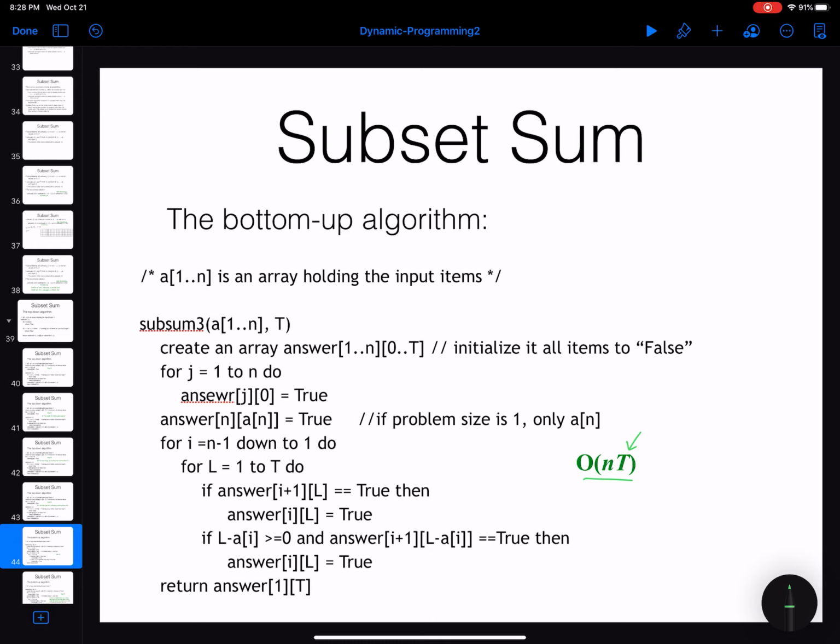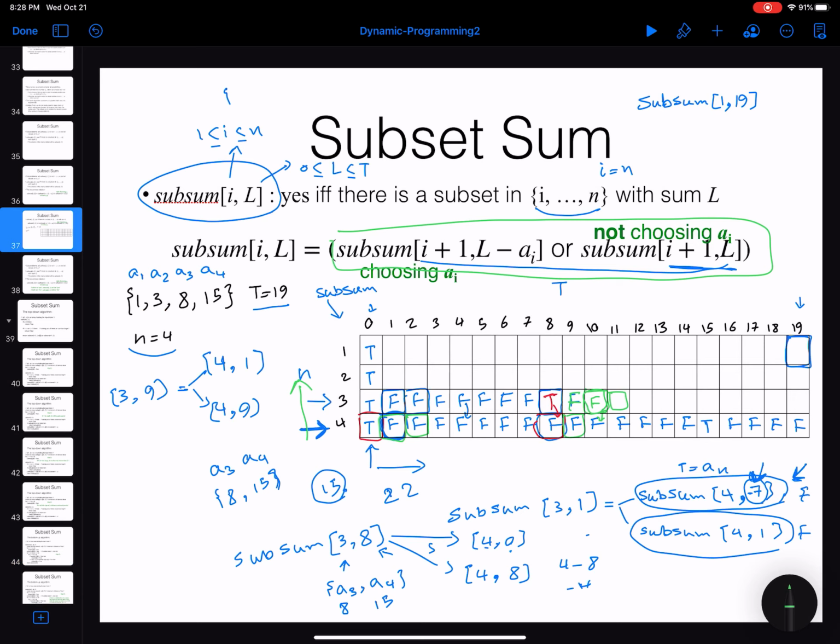Not only do you have n items, a sequence of n items, you have another parameter t, and that parameter t can be crazy big. So if t is equal to 1 trillion, the problem is going to be really difficult to solve. And the reason is that you are keeping a table like this, where one of the dimensions is going to be t.